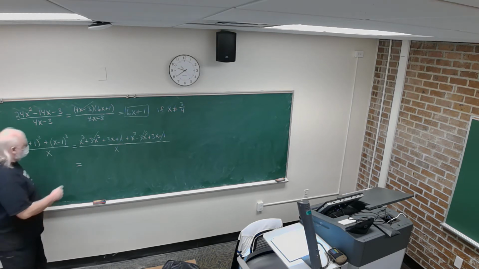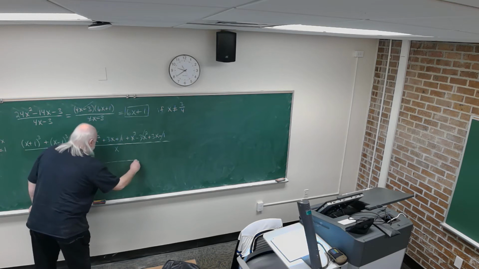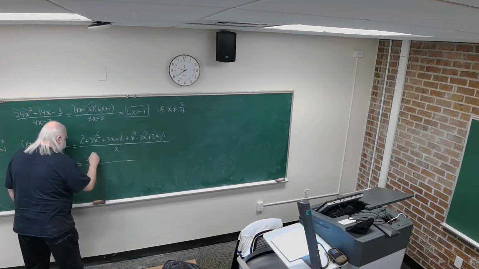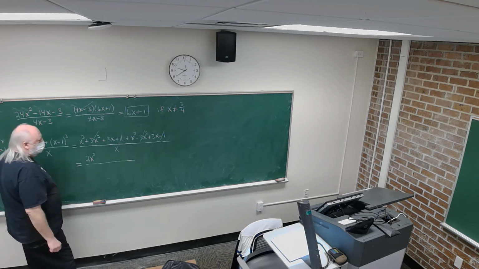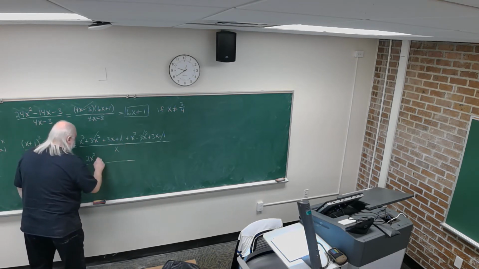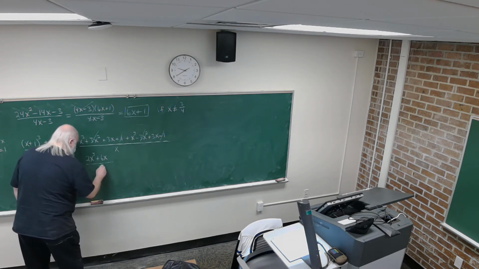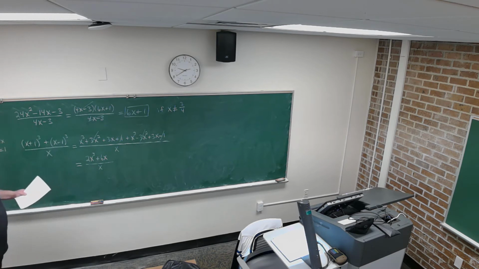And so we're left with x cubed plus x cubed is 2x cubed. And 3x plus 3x is 6x. All divided by x.